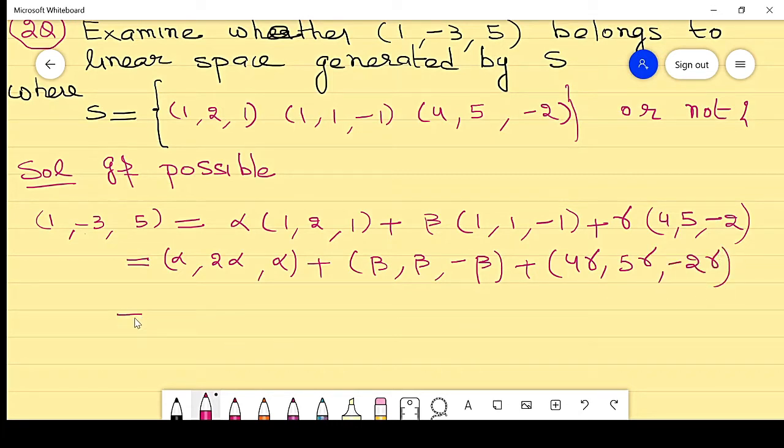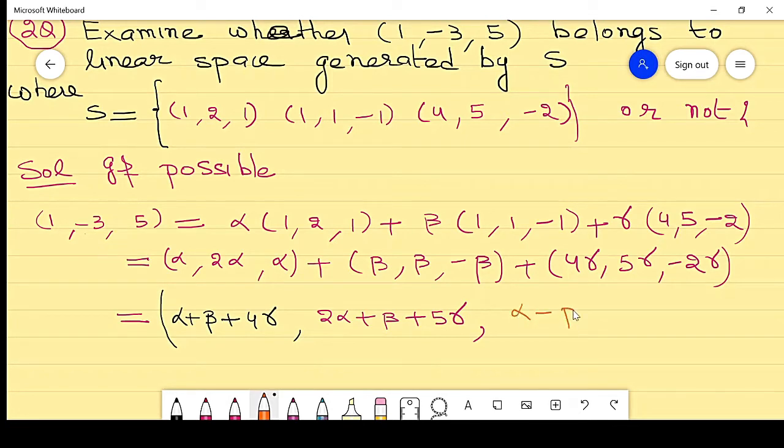This is equal to: first element alpha plus beta plus 4 gamma, second element 2 alpha plus beta plus 5 gamma, and third element alpha minus beta minus 2 gamma.